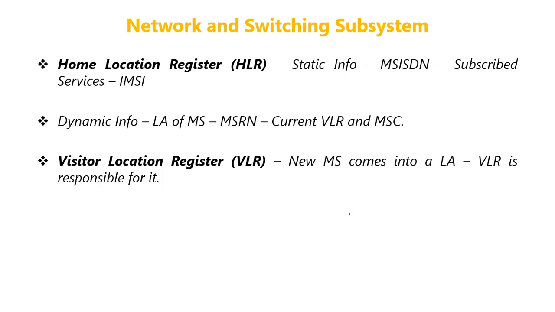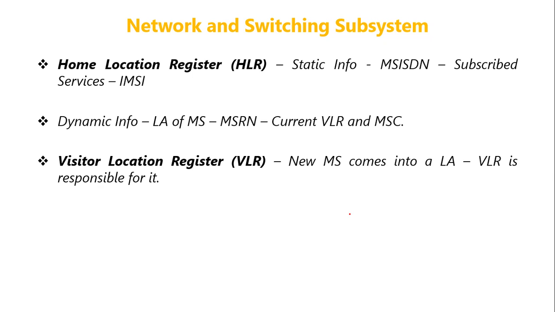It copies all the relevant information from the respective HLR. By maintaining this hierarchy of HLR and VLR, frequent updates of the HLR can be avoided. Some VLRs can also support up to 1 million customers. So that's it about the network and switching subsystem.